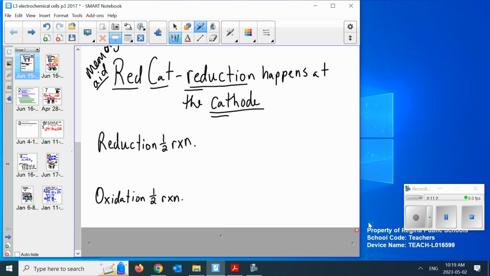Now we're going to add something underneath here. Because if there's reduction and oxidation going on, this is why this is part of the redox. We can figure out some half reactions. Now this particular one, red cat, we already know the cathode is the reduction. So the reduction half reaction is going to be the one we call this.